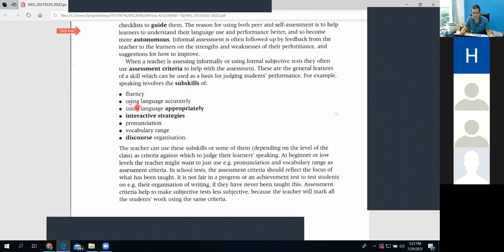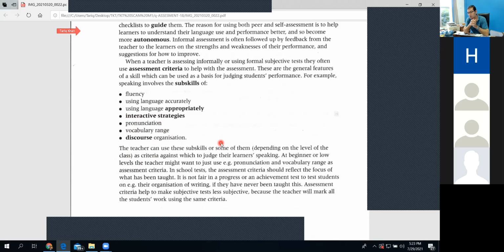For the spoken one, fluency, use of language appropriately, interactive strategies, how they are giving turns to each other and all that.